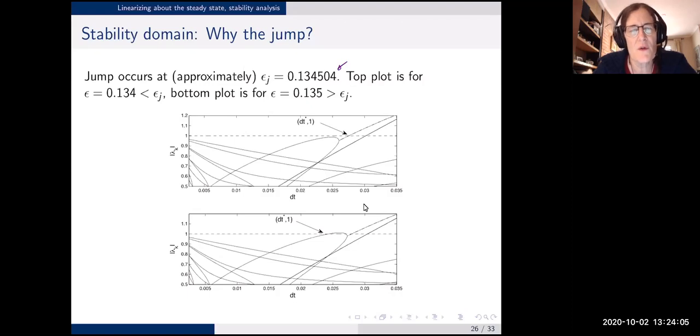And so what I can do is look at the eigenvalues for an epsilon which is slightly smaller than that, and for an epsilon which is slightly larger than that. So this is for epsilon just a little bit smaller than the critical epsilon.